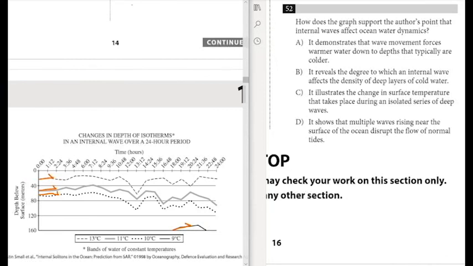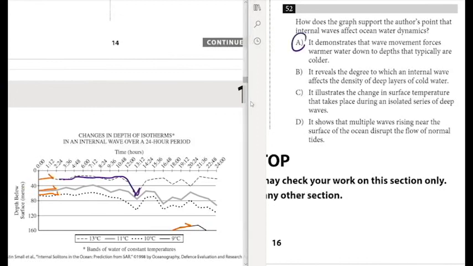So let's take the warmest water in all of that, and this warm water is being dragged deeper. So that right there matches answer choice A. This demonstrates that wave movement forces warmer water down to depths that are typically colder. So the answer for 52 is A.